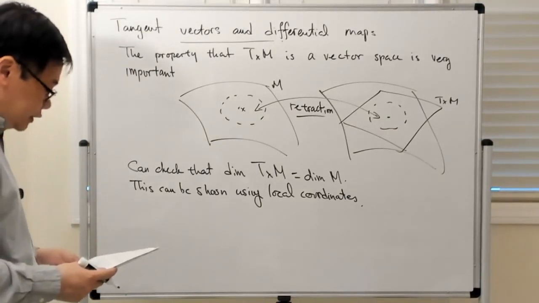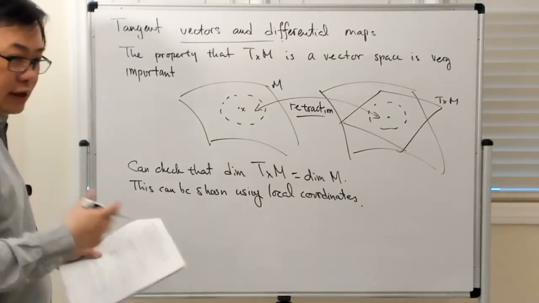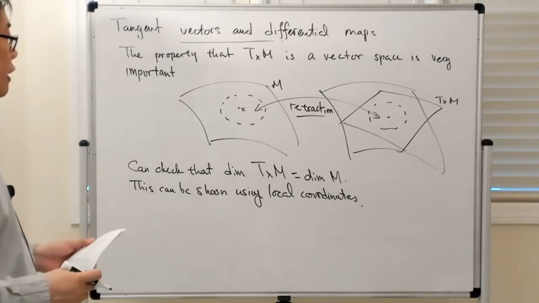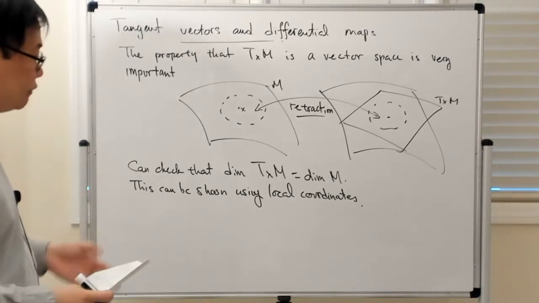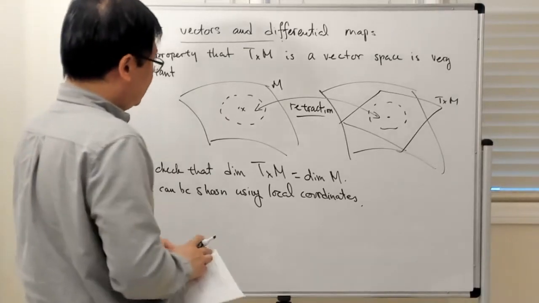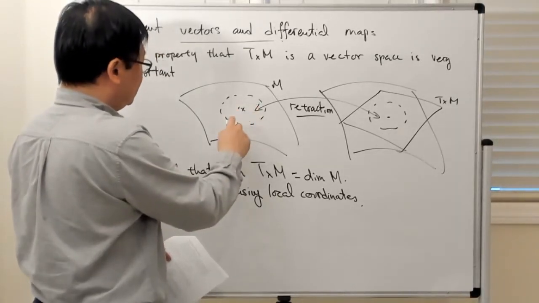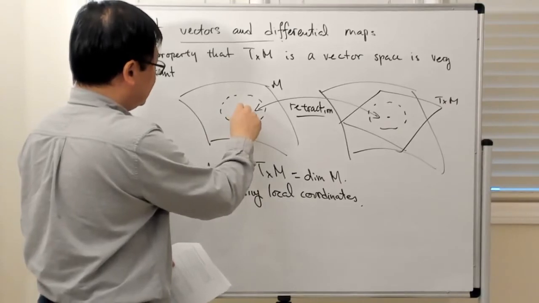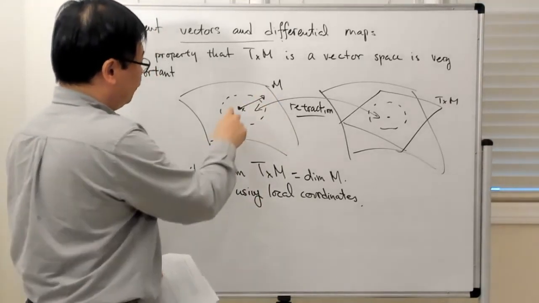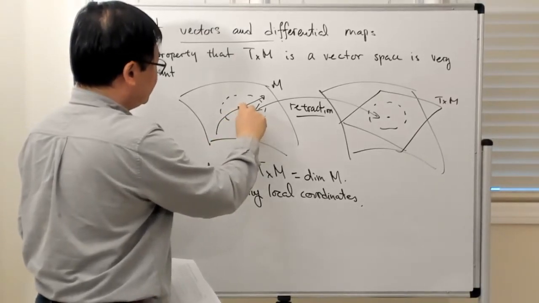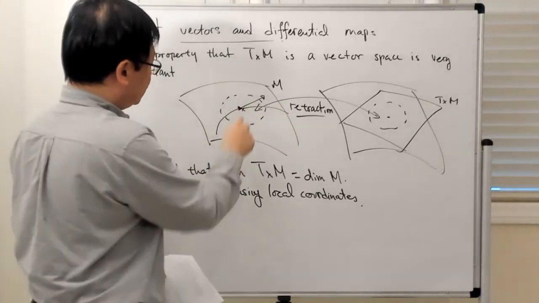Okay, so hopefully that gives you some idea of how you can think of tangent vectors abstractly. At a very high level, the basic idea is that you think of identifying tangent vectors to the manifold with some equivalence class of curves which go through that point.